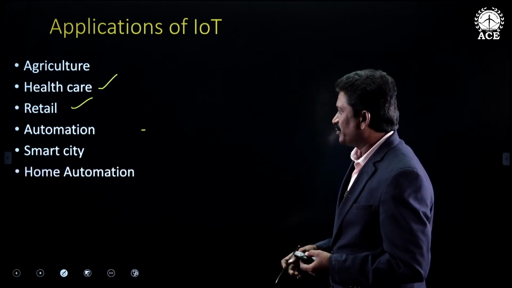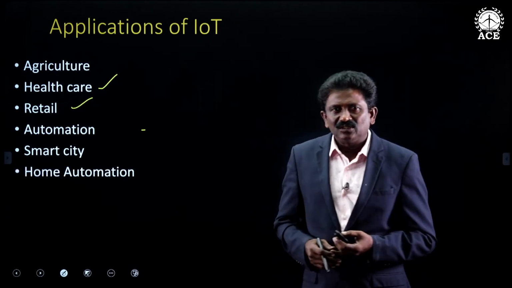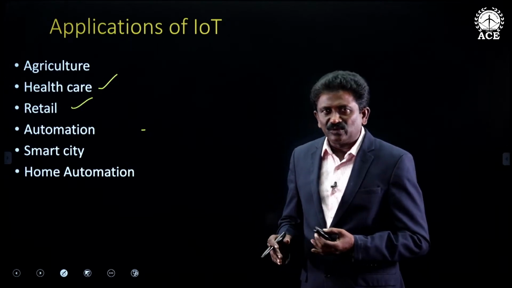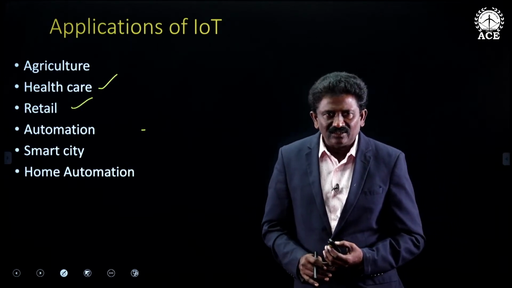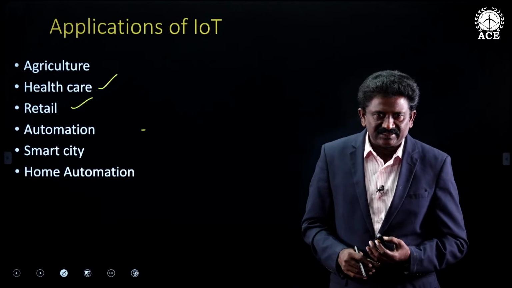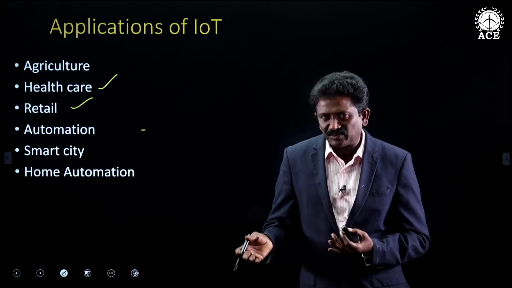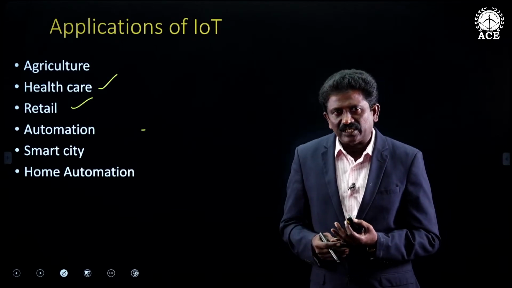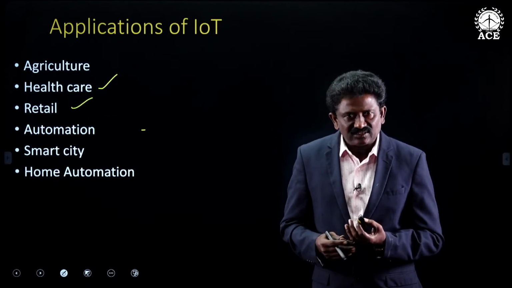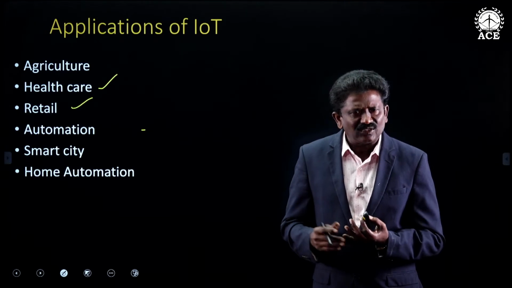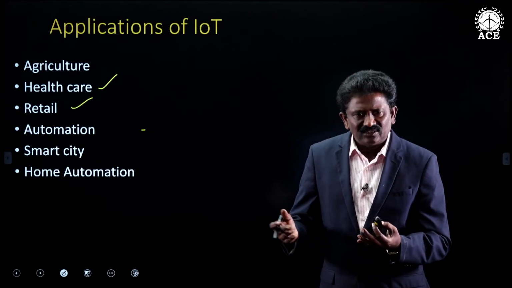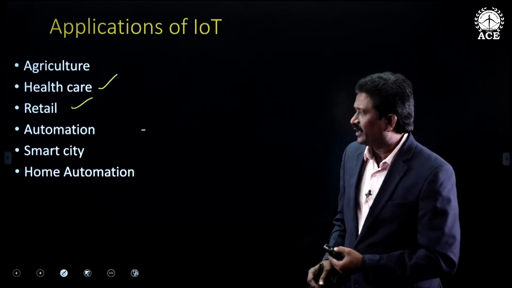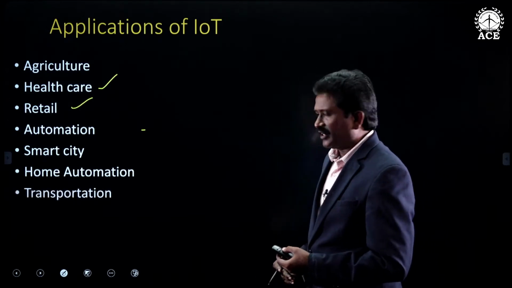Next, home automation. Using IoT devices, we are able to control our appliances in the house, for example rice cooker, washing machine, lights, fans, AC. Whatever the instrument, we can control it with the help of IoT devices. Next one, transportation.